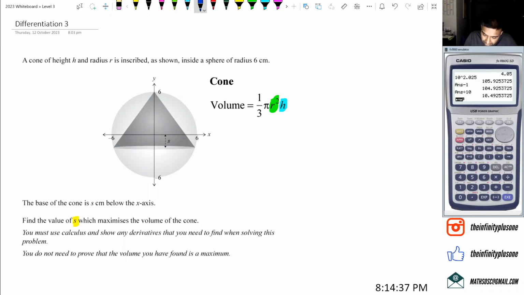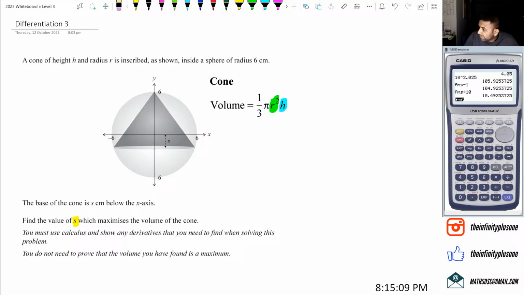Other times we write the volume as 1/3 pi r squared h, but then we write the height in terms of r. When we differentiate it, we get dV/dr, and if you put that equal to 0, that's going to give us r, and we don't really want that. We want it with s. So we have to get rid of the r squared, and we also have to get rid of the h in terms of s.